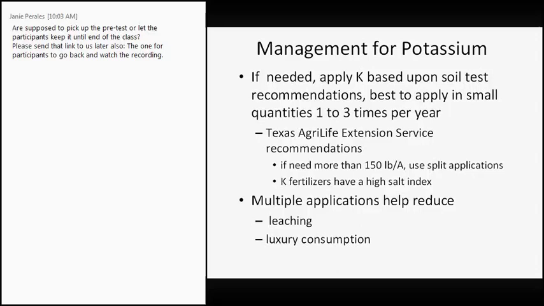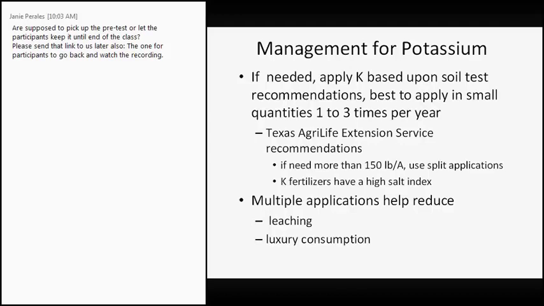So how do we manage for potassium? If needed, we apply the potassium based on soil test recommendations. Best to apply in small quantities, 1 to 3 times per year. If we're looking at more than 150 pounds per acre, and most of the time we'll actually say even 75 pounds per acre, we want to split these applications.